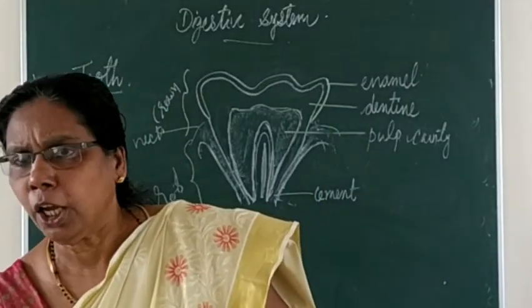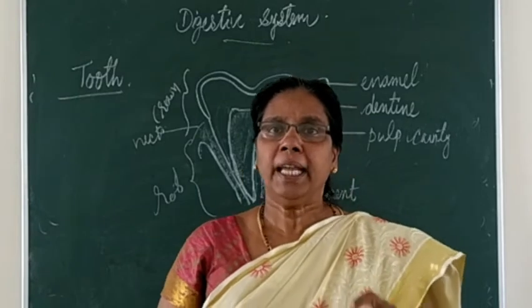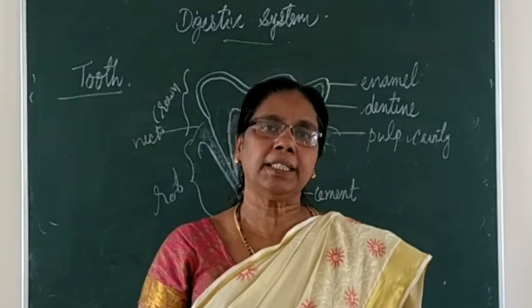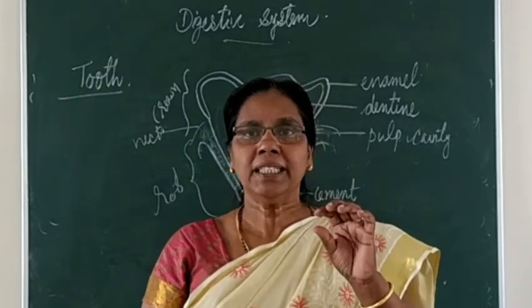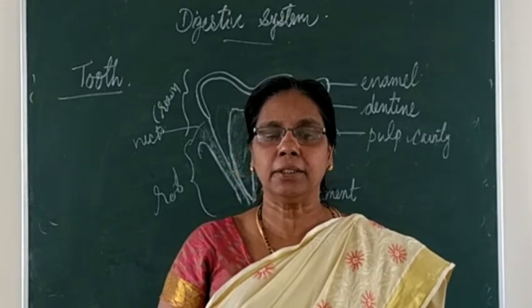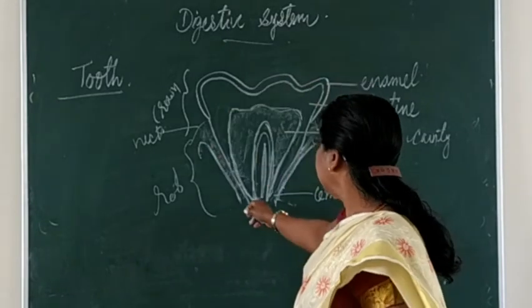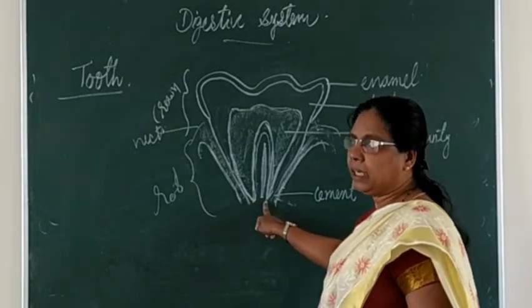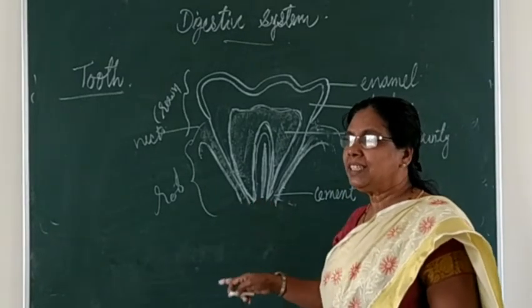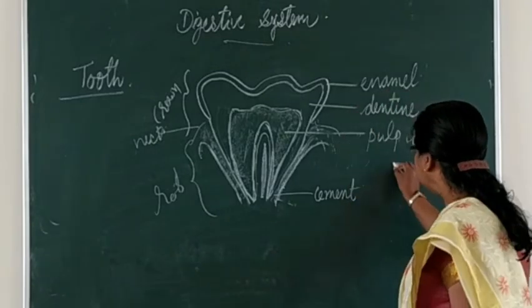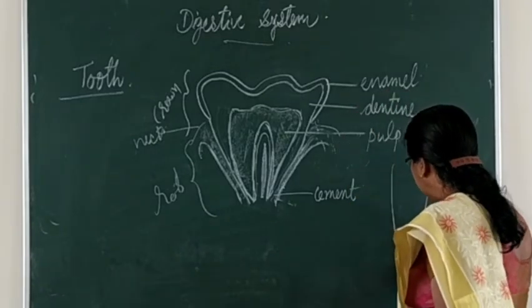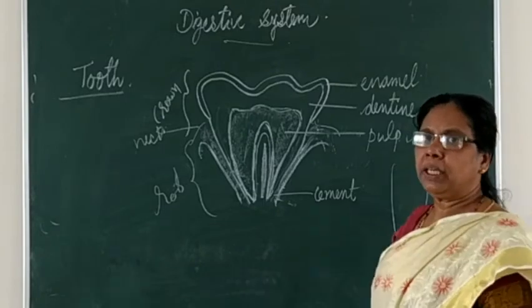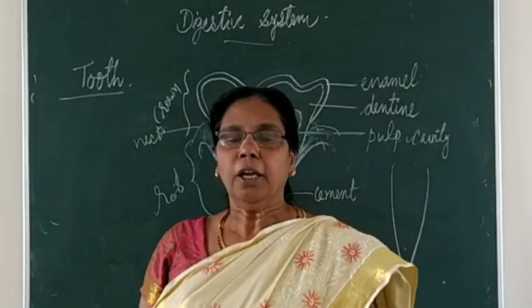The root consists of a single process in the case of incisors and canines. Here you can see the structure of the teeth, where two processes are clearly visible.